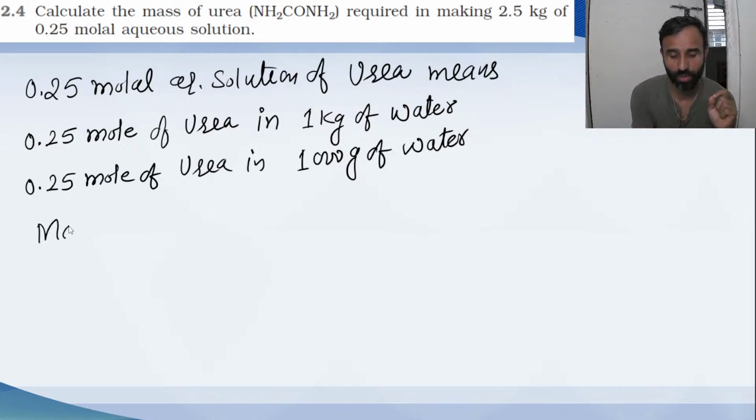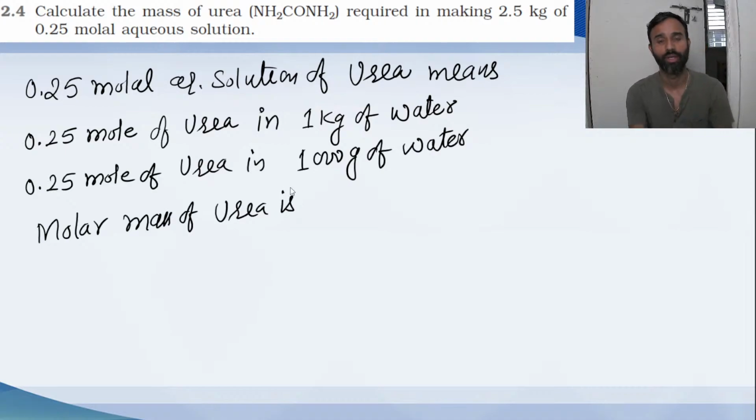So first we calculate the molar mass of urea. See, what is urea? NH2 CONH2.